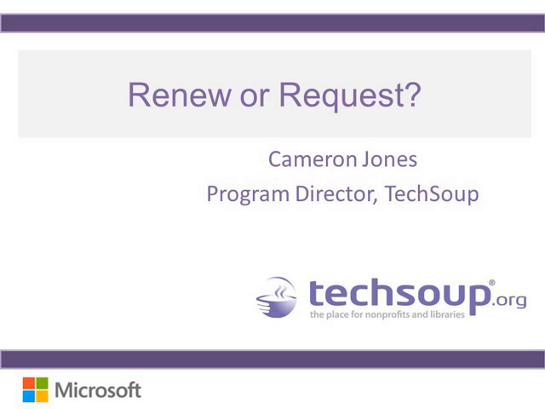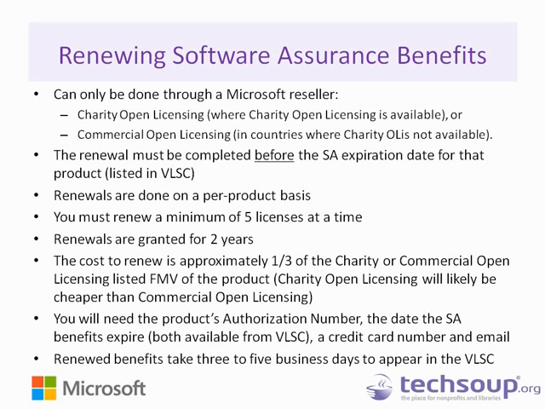Hi, everyone. Thank you. So one of the newest features of software assurance is that it can be renewed. This was added, I think, this spring for TechSoup donation recipients. So we have a little information for you about what the process involves if you want to renew your software assurance benefits after the initial 2-year period has expired.